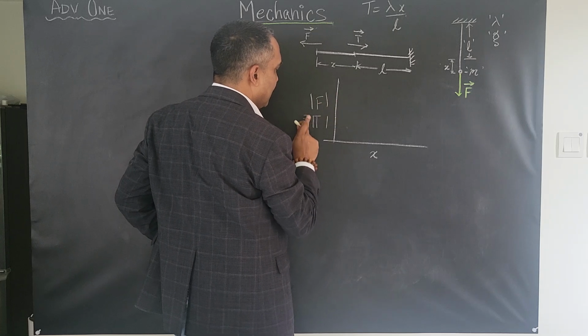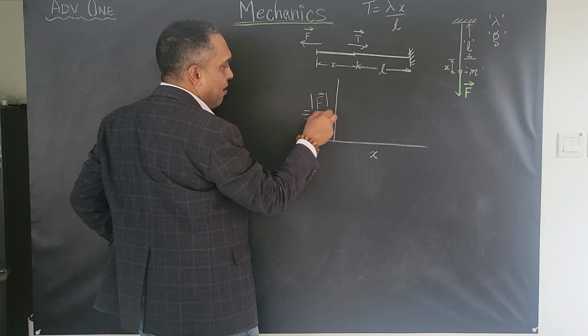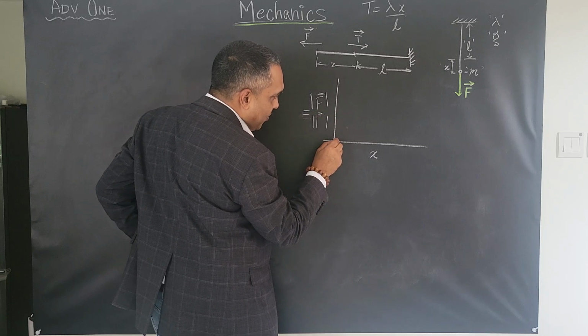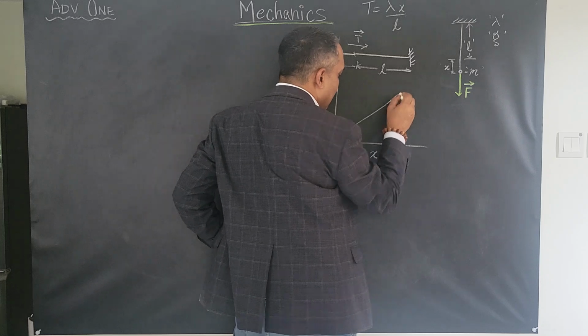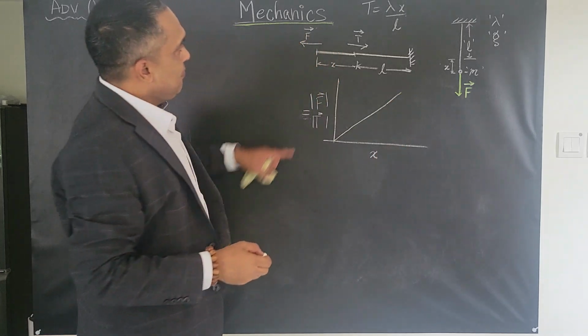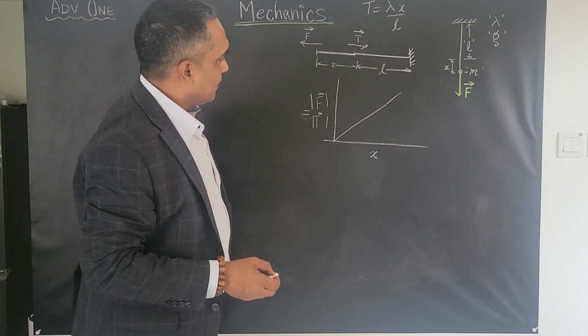They're the same, really. What's going on here? As x increases, the force I put in keeps going up. And I could notice that because the slope of the line is lambda by L.